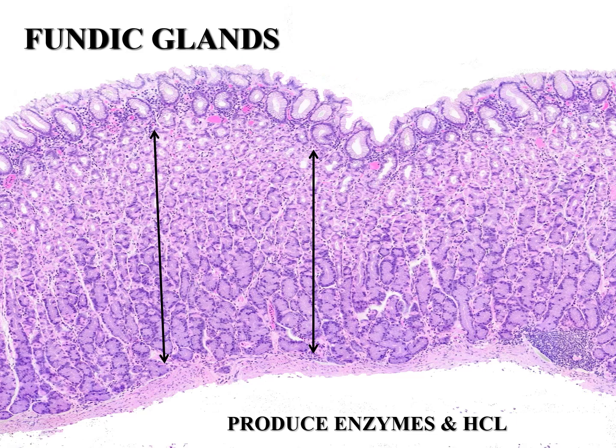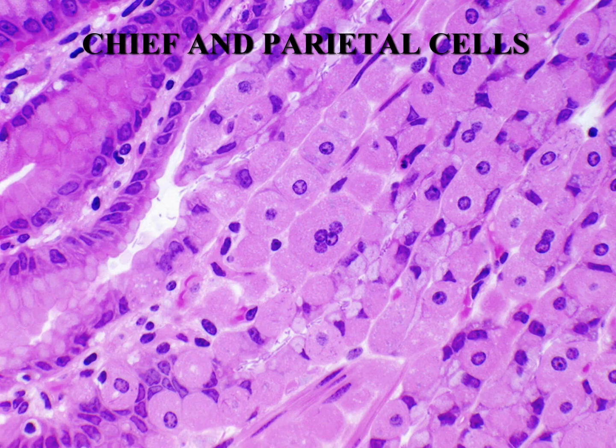See here, the whole length, we have the glands. We have two types of cells that are only found in the fundic region, which are the chief and parietal cells. These chief and parietal cells we will not find at the area of the cardiac region or the pyloric region.